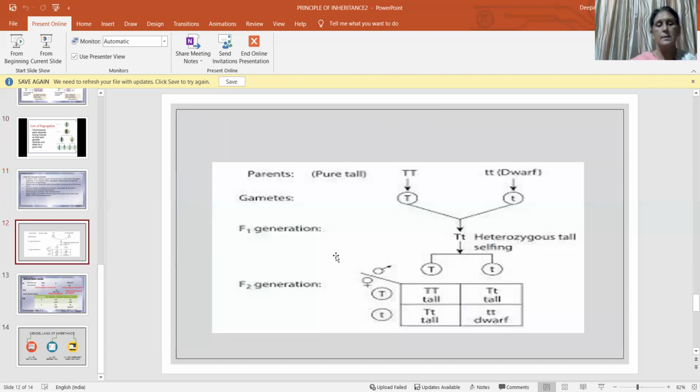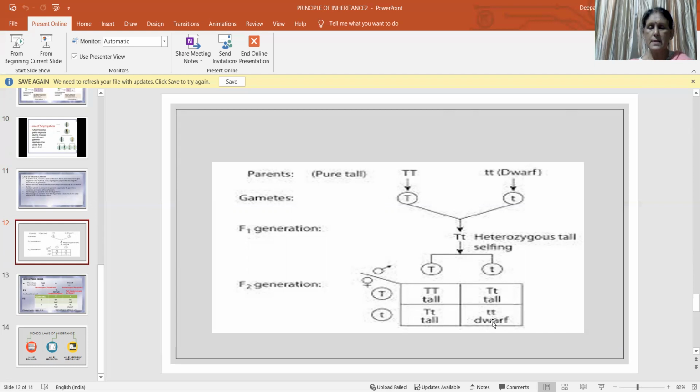Here is the monohybrid cross: capital T and small t plants crossed together in the F1 generation. They are heterozygous because their gene composition is different. When they are selfed in the F2 generation, the gametes are segregated, they are separated. So it is easy for this gamete to express itself.